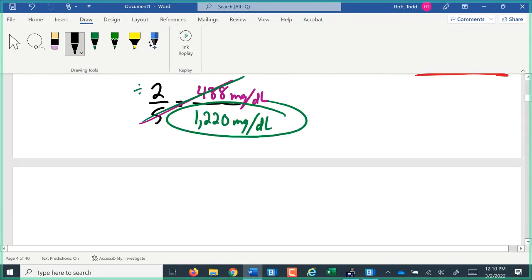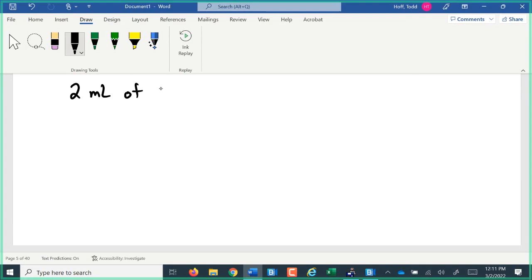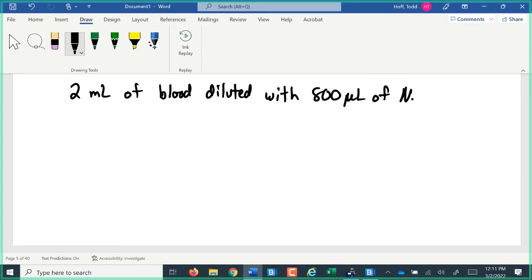So these dilutions for lab testing can be a little tricky. Let's go with another example here. Let's say that, again, we've exceeded the meter. I'm not going to bother writing that part down, but we're going to have 2 milliliters of blood diluted with 800 microliters of normal saline.